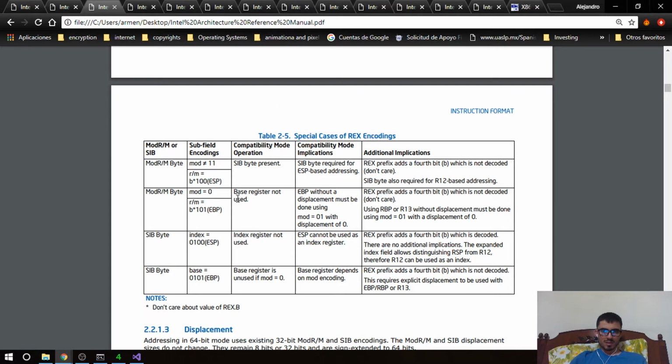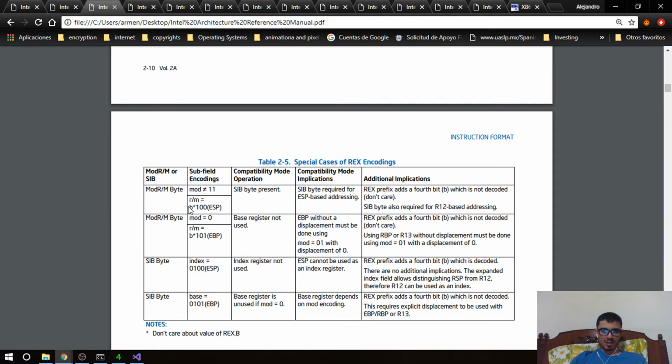So this is telling me, well, right now we have something like this. We have mod that's different from 11. R/M is, we have B plus 100. That means we're accessing the ESP. The compatibility mode operation is an SIB byte, with whatever displacement it has.